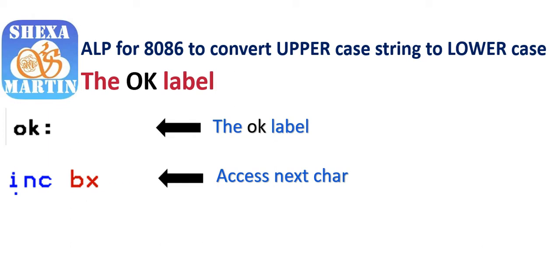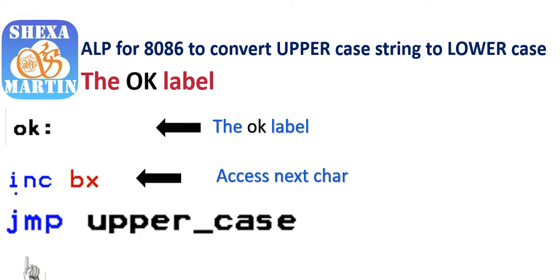Then we jump to uppercase. The value of BX has changed, and BX holds the address, not the actual value. So we've incremented the address so that we can get the value at the next address, and the value at the next address is our next character.